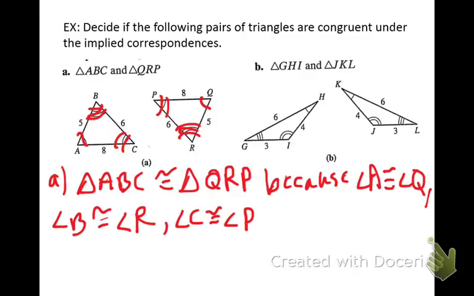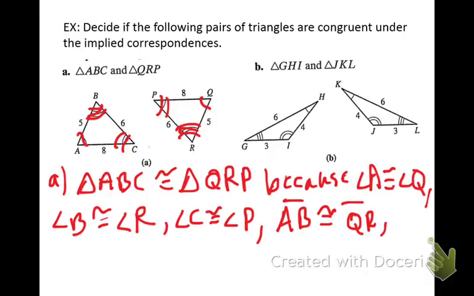Now let's see about the sides. Is AB congruent? AB would correspond with QR. The first 2 letters of ABC, AB, should be the same length as the first 2 letters of QRP, QR. So AB is congruent to QR. Right?